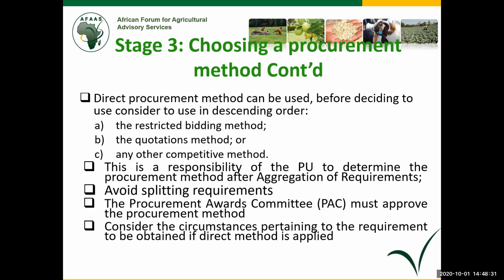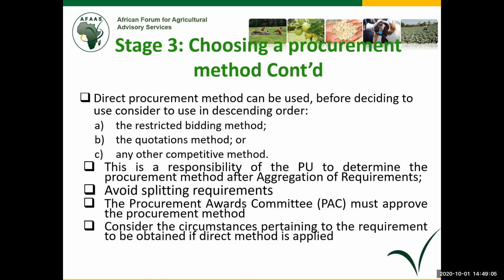So this responsibility of the PDU to determine the procurement method is usually done after aggregating the requirements. So when you are submitting your departmental procurement plans, avoid splitting requirements. Splitting requirements, you might see somebody talking about one computer in quarter one, another computer in quarter two, or another, that kind.